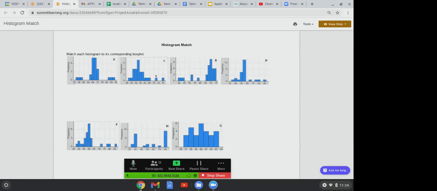We see that there are 3 bits of data happening between 40 and 45. We see some data happening between 50 and 55. We see something else happening between 55 and 60. And then we see the bulk of the data happening between 65 and 75.